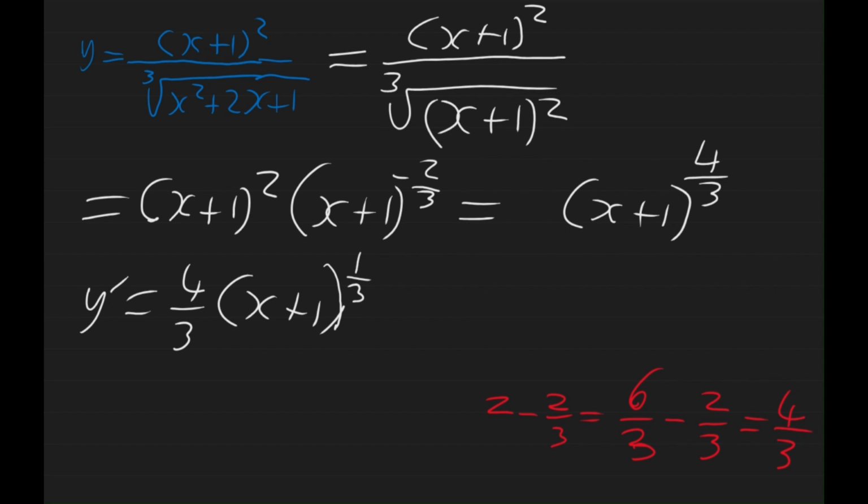So now the third root of the bracket power 2, you can write it as power 2 over 3. And because it's in the denominator, it's going to be negative 2 over 3. We have the same base, so we're going to add their powers, which is like this, and just differentiate it to 4 over 3 x plus 1 power 1 over 3.